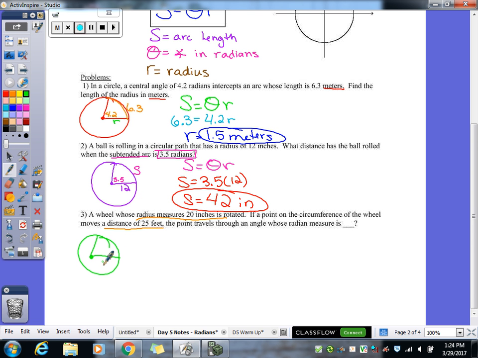So our radius is 20 inches, but what's our distance outside the circle? It's in feet. We don't want that. We got to change that. So I got to change my feet into inches. So I got to multiply my 25 times 12. So how many inches does it travel? 300.